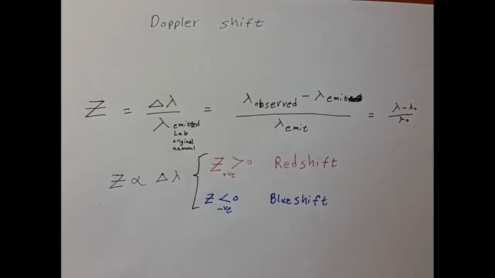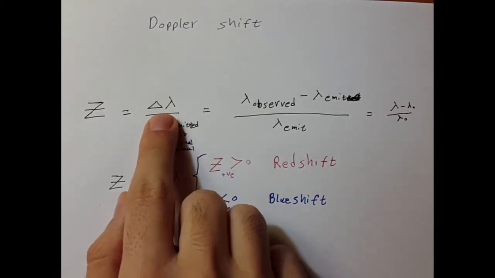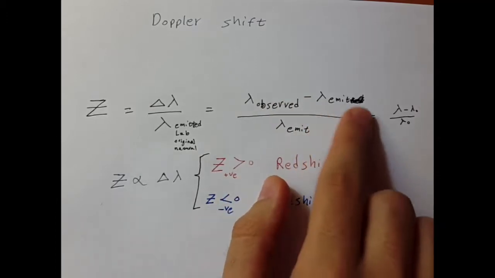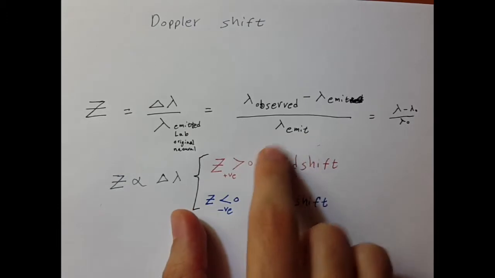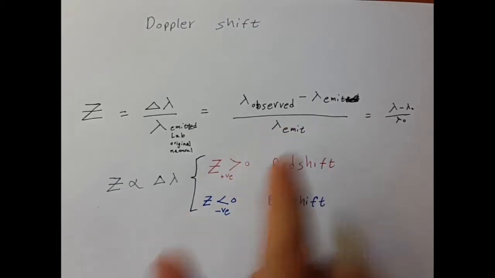So how do we come up with a variable like this? It's really easy. We just take the difference between the observed wavelength and the emitted wavelength, and divide that difference by the original wavelength that was emitted.